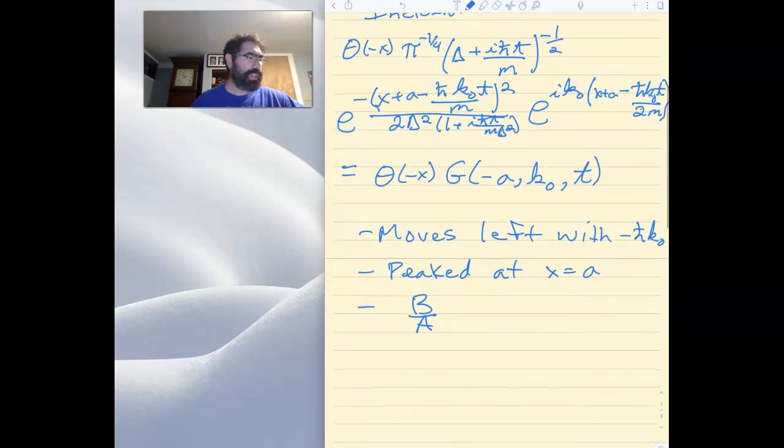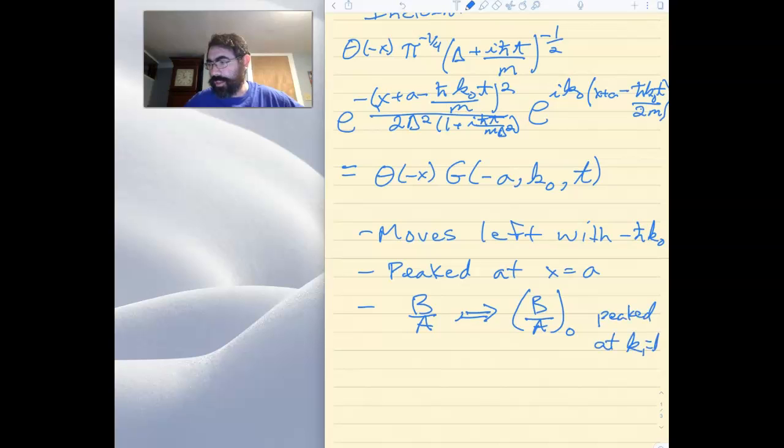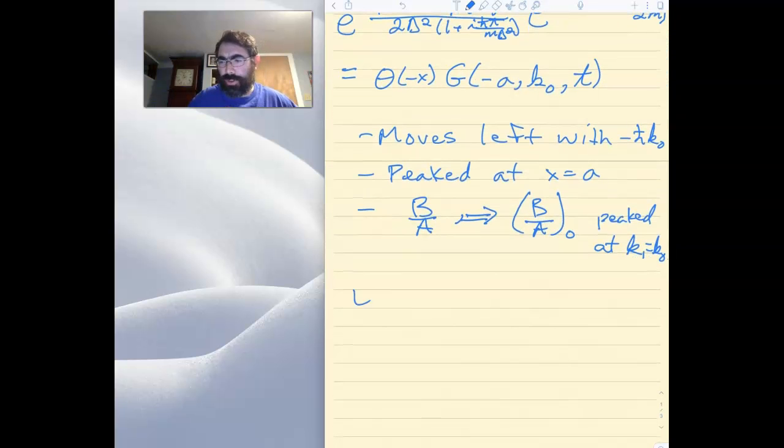Since it's peaked at the initial momentum, we can call this B over A naught for its peak, because it's peaked at the incident wave number.